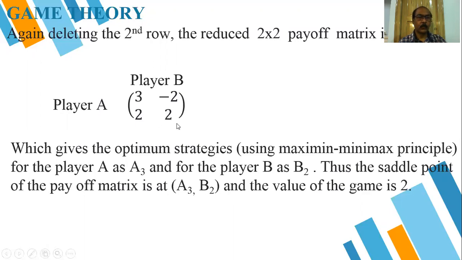So the position is A3 B2, and the value at the saddle point is 2. That's why 2 is the value of the game. So this is the end of the game theory. If we get the chance anytime, we can explain it more elaborately then.